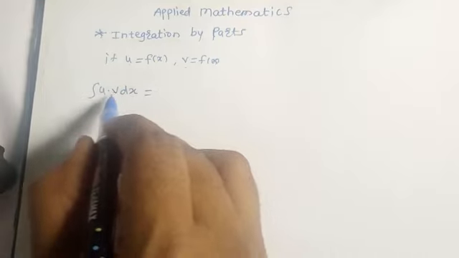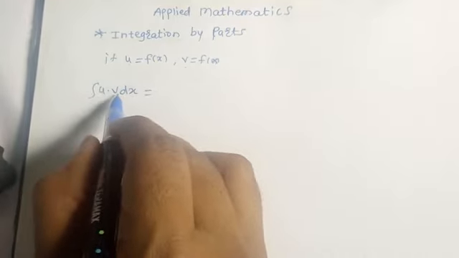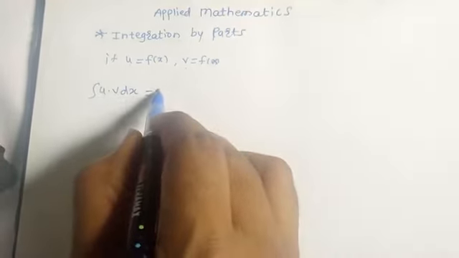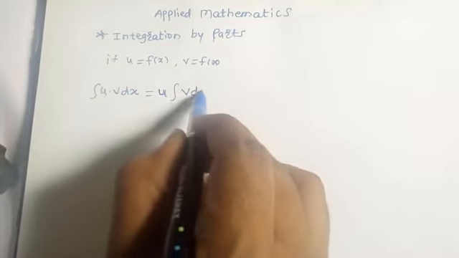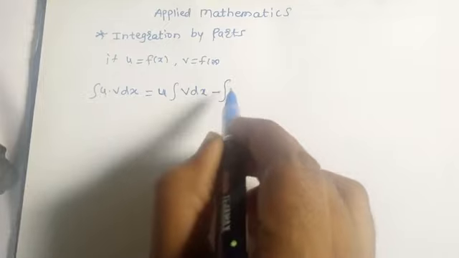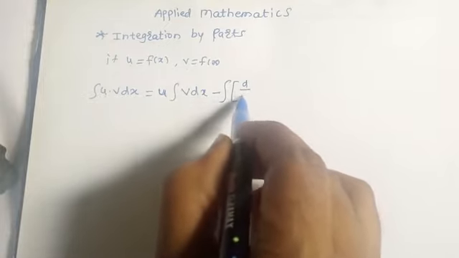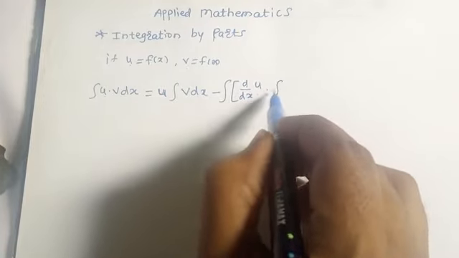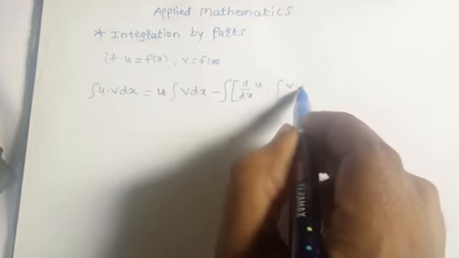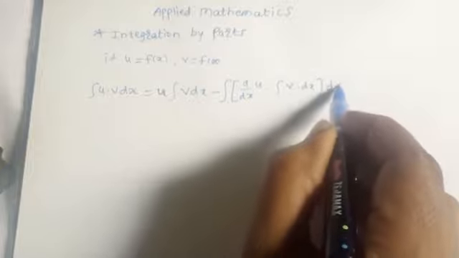Integration of first term into second term dx is equal to first term as it is into integration of second term, minus integration of the derivative of first term, that means derivative of u, into integration of second, dx.